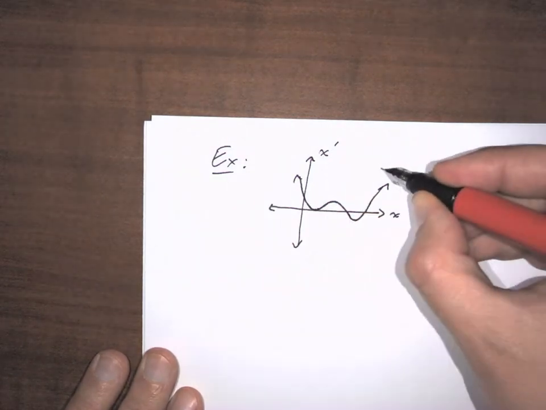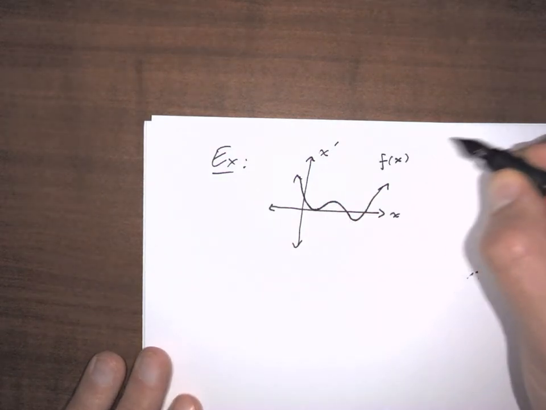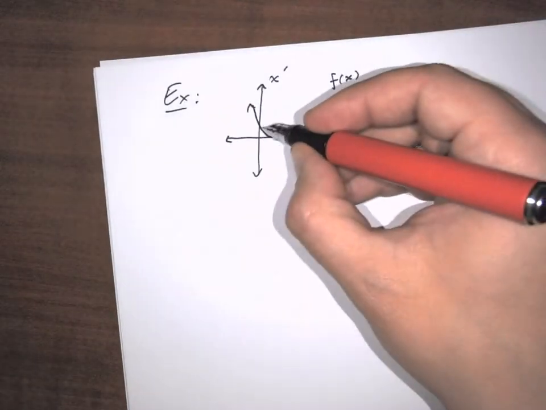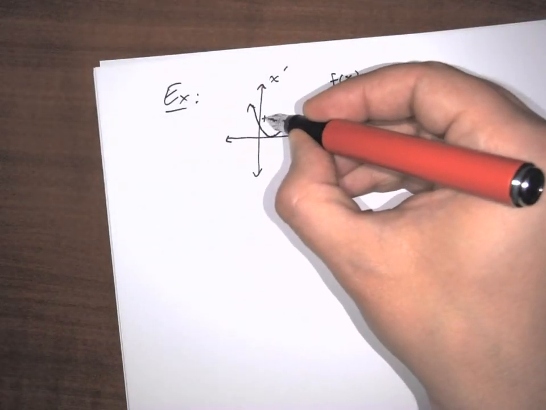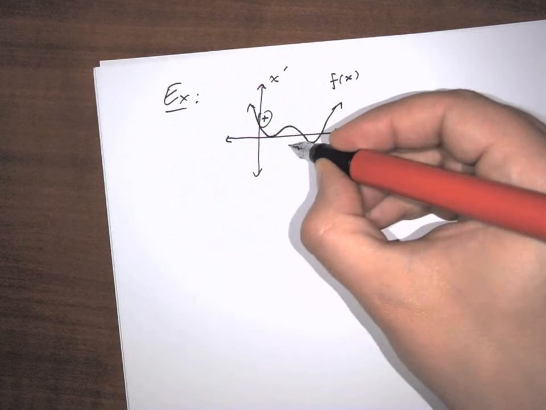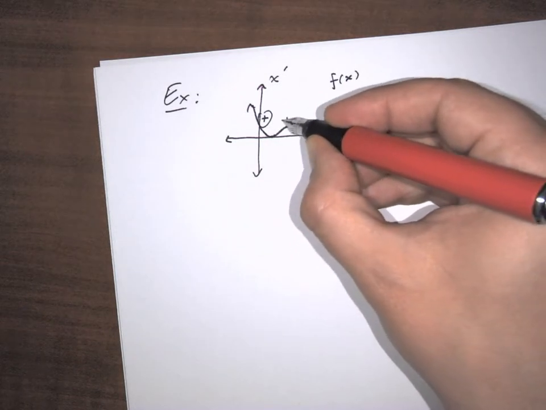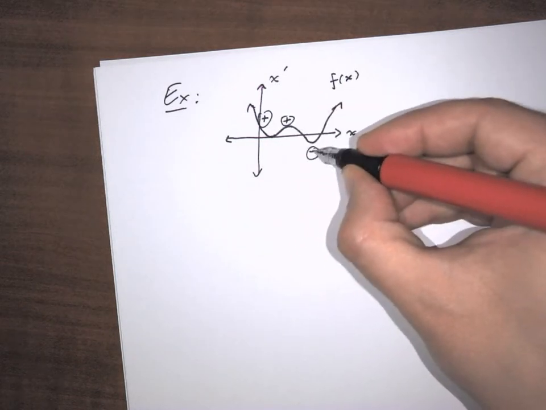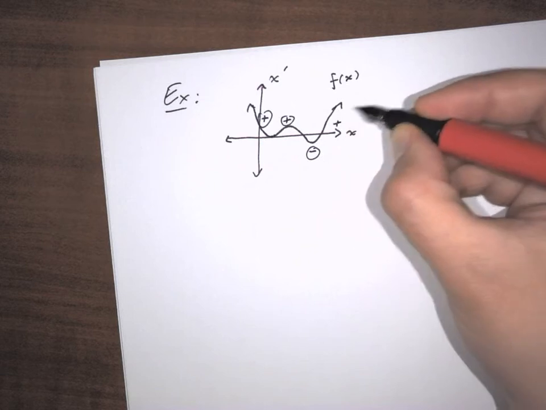And then what we'll have on it right here is positive, positive, and then negative, and then positive.